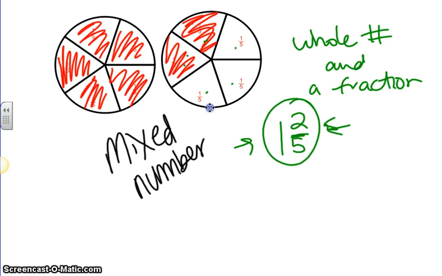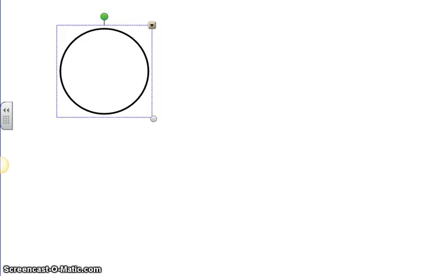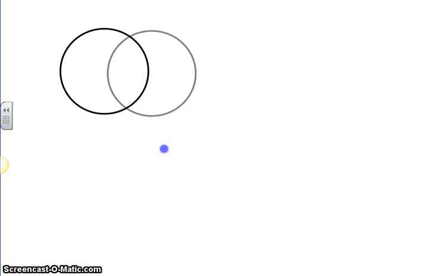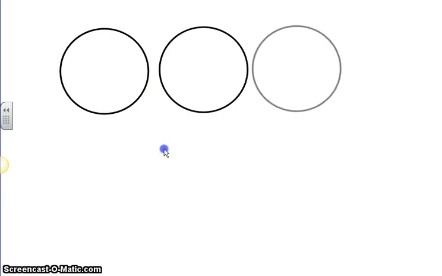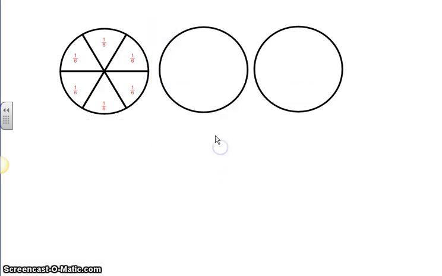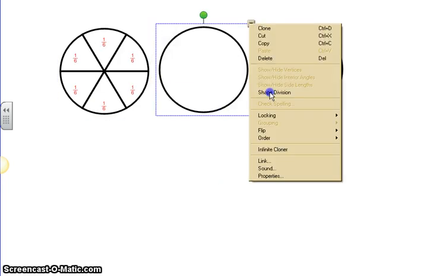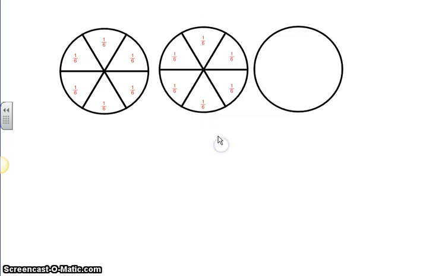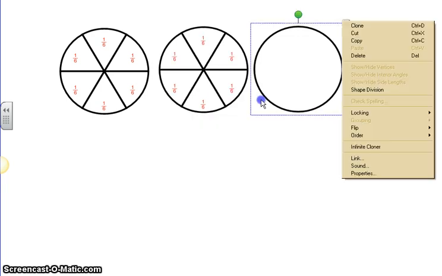Let's look at one more for a mixed number. Let's do a circle. We'll do 3 circles this time, and we'll split them into sixths. So I have all of my shapes split.